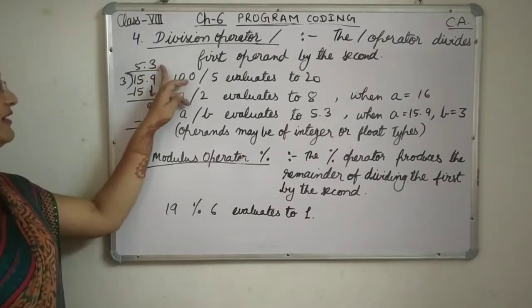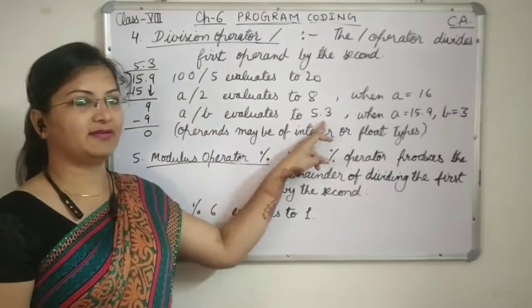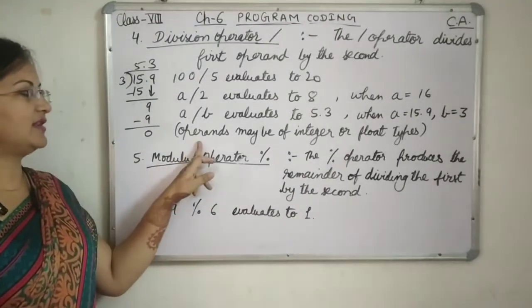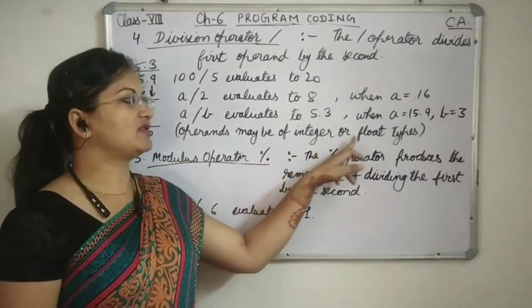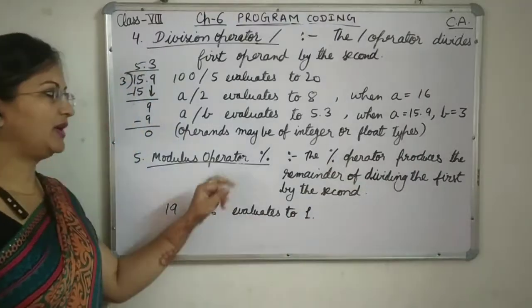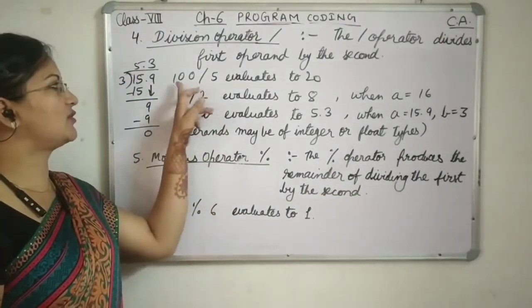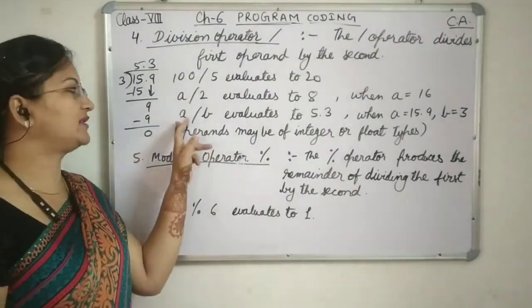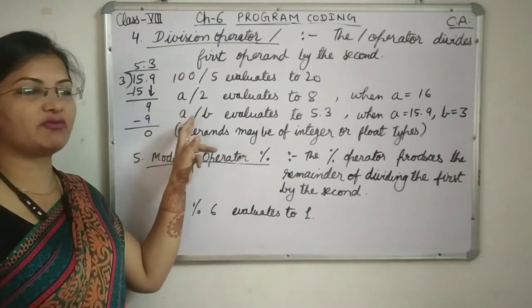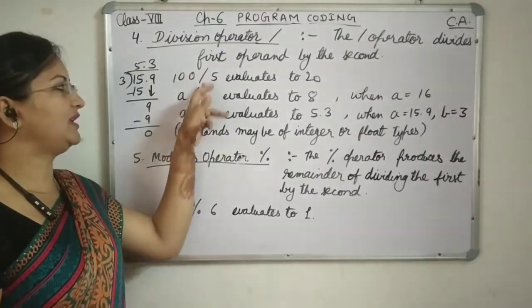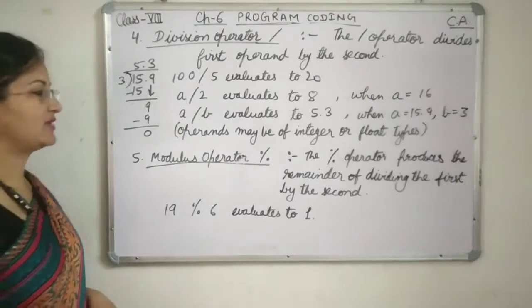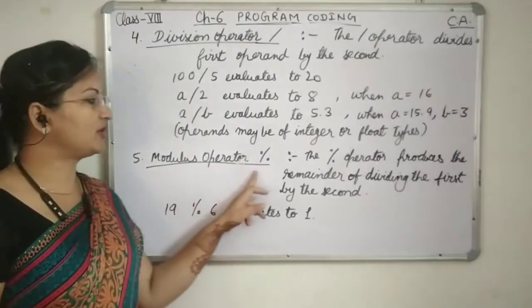You can see 5.3 is the answer here. Again, this will apply for integer and float data types only. These values should be integers or floats. It will apply either on integers, positive or negative numbers, or on decimal numbers.